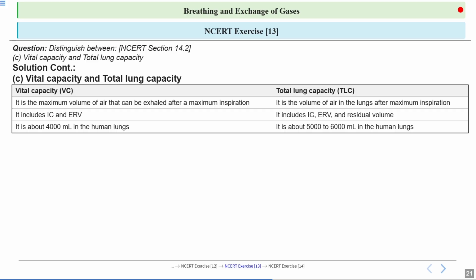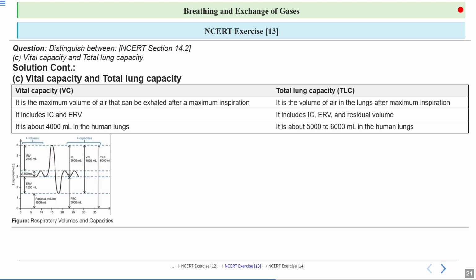Coming to the total lung capacity, it is the volume of air in the lungs after maximum inspiration. So it includes IC and ERV, also the residual volume, right? So it is around 5000 to 6000 ml in the human lungs, right?